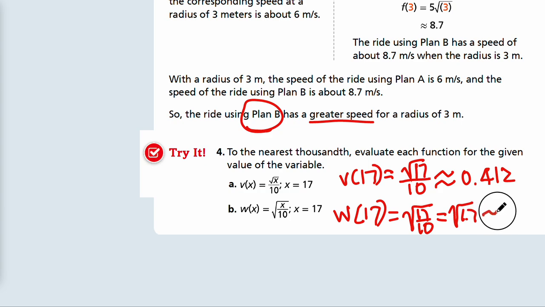So the answer is different. You have a bigger answer, that's 1.304. Yeah. So the order of operations really matters. Do not mix them up when things are written specifically.